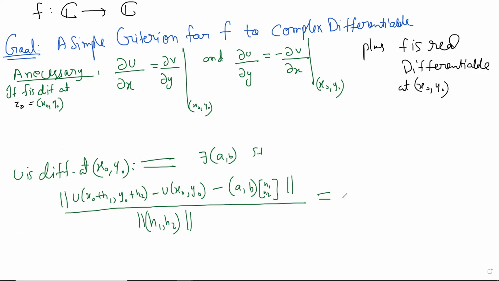The limit being 0 just means that this is a function. I'm just using a notation which is there in the books. The book I'm following is Cauchy, taking the main content from there. Obviously, this just means that there is this function such that this goes to 0.